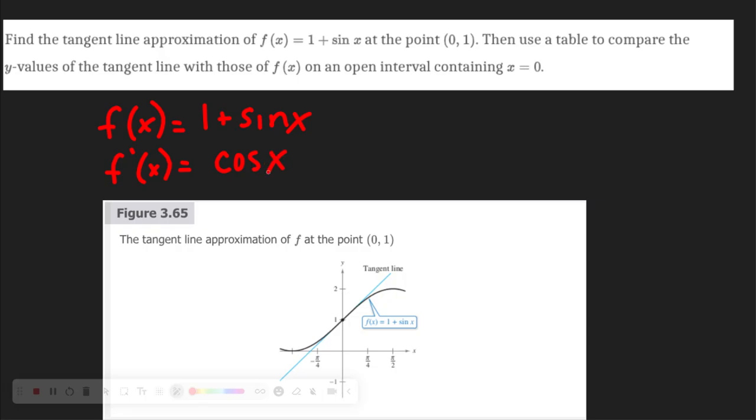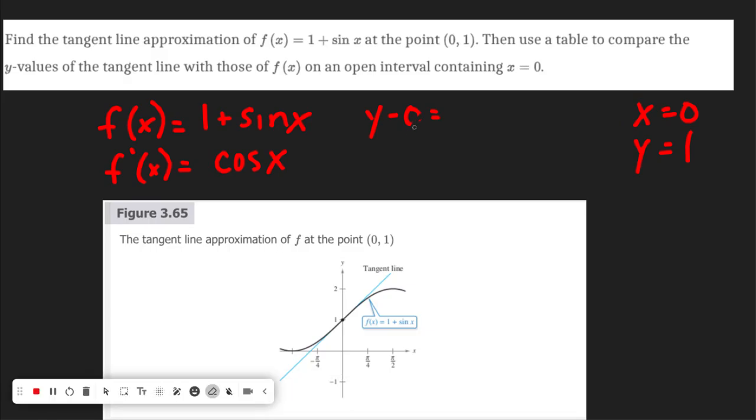And then we want it at the point (0, 1). So our x value equals 0, our y value is 1. So this is going to be y minus 1.